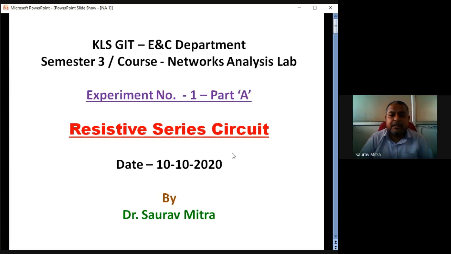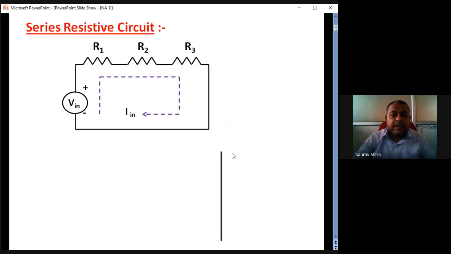Whichever practical I conduct over Google Meet, everything will be recorded and sent to you as a YouTube link, so you can check that session later on. Slides I will also send to you in PDF format. So understand things properly, and whatever doubts you have, please send them in the chat box immediately. Do not hesitate. Okay, so this is a series resistive circuit.